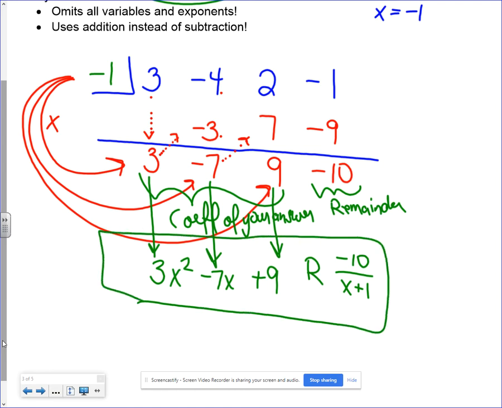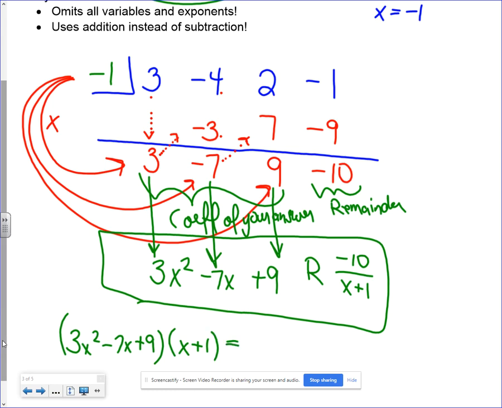So again, if you forgot what this means, if you take 3x squared minus 7x plus 9, and you multiply it by x plus 1, okay?